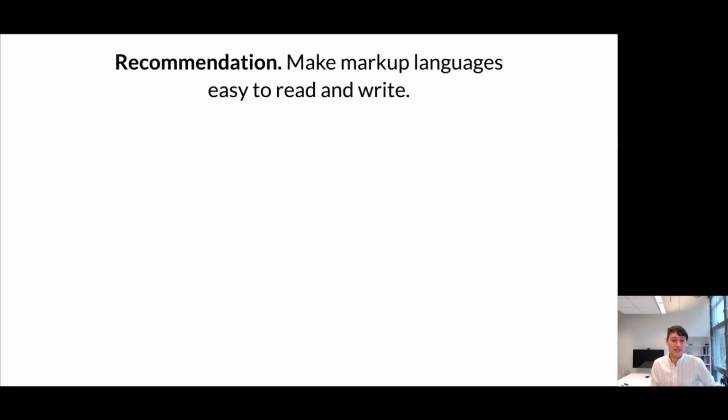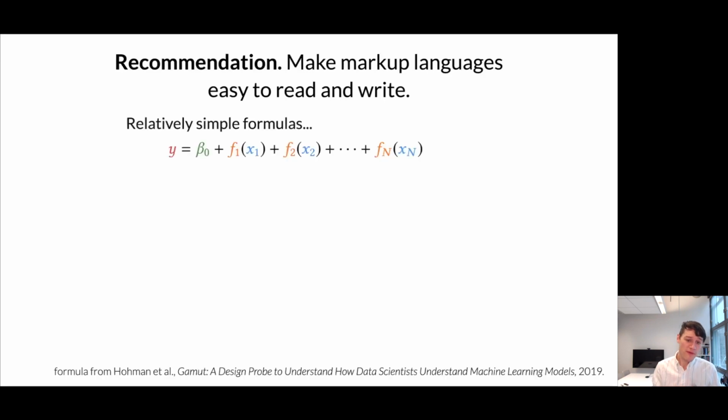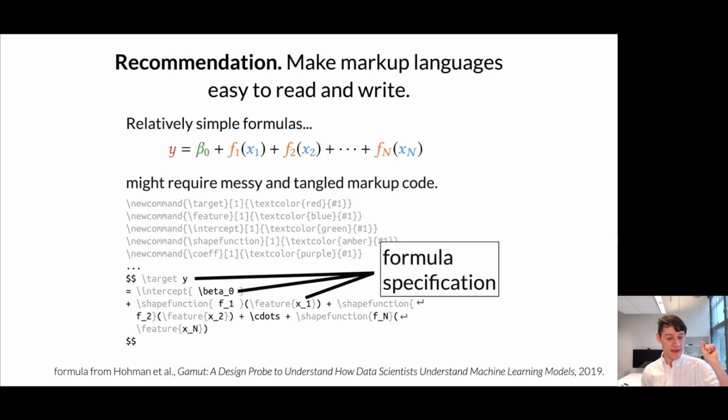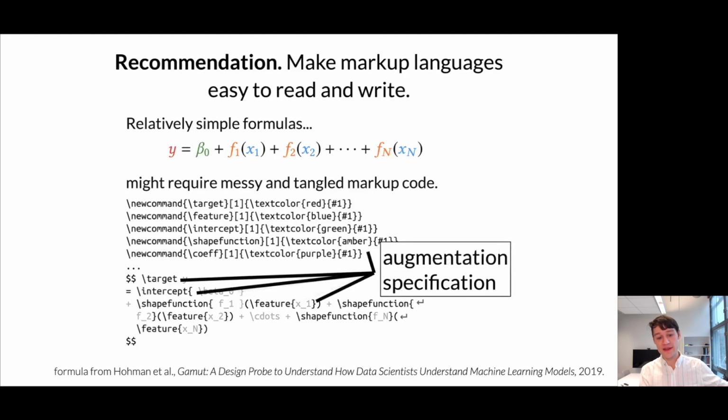A third recommendation is to make markup languages easier to read and write. A formula like this one that involved just 8 colorizations of different expressions involved markup code that looked kind of like this, and which could be messy and tangled up, where the specification of the underlying formula was tangled in with all of this extra stuff, which specified the colors.